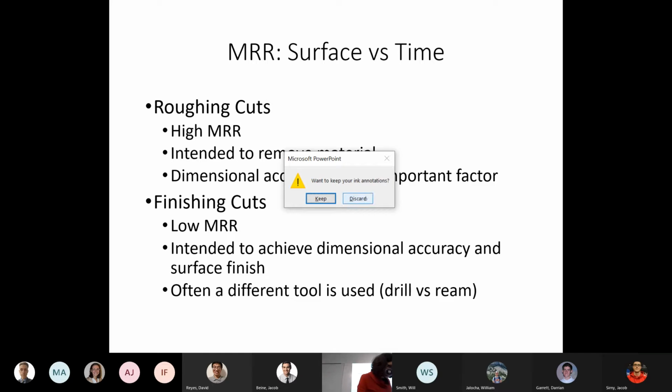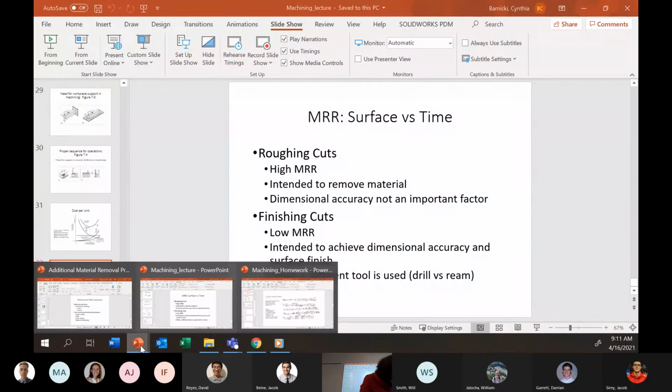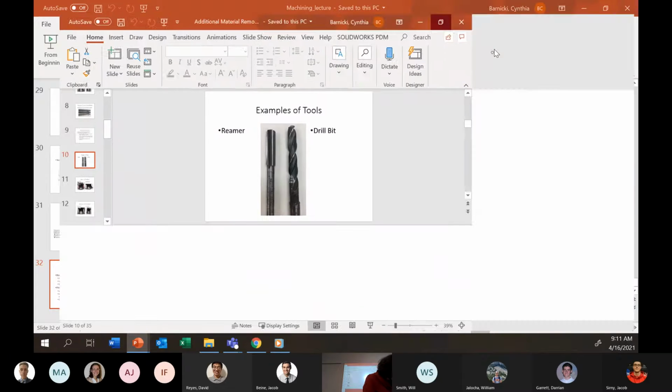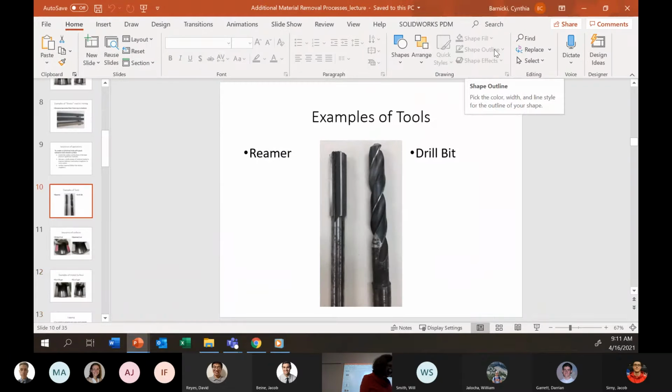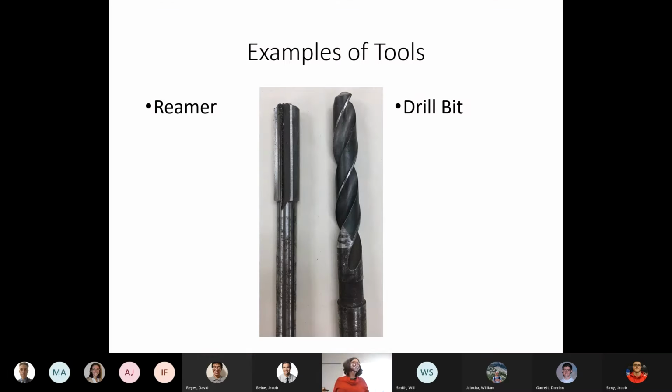Okay, I'm going to pull up a slide from the next slide deck, where we can look at our drill bit.